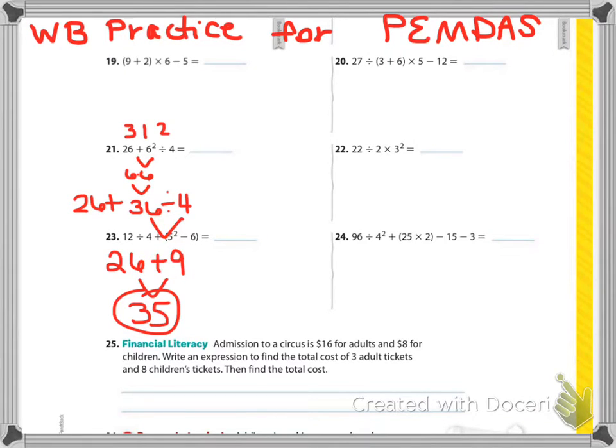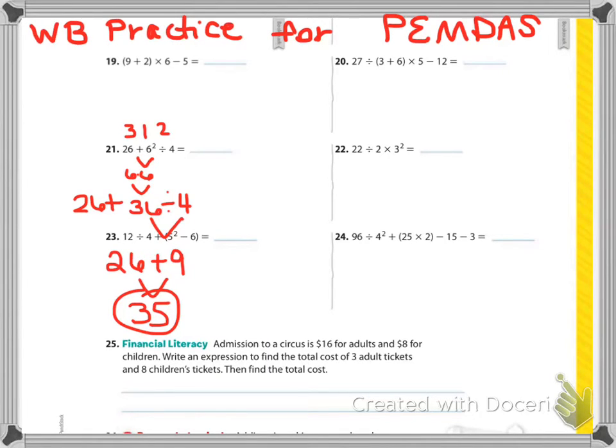Here are some practice pages from our workbook. You don't have to work all of these, but these are some good practice problems that will be similar to what you'll see on the test. I've worked number 21 for you, and I have a final answer of 35.